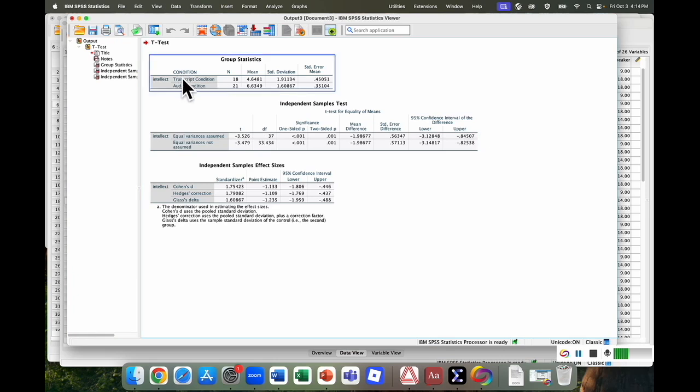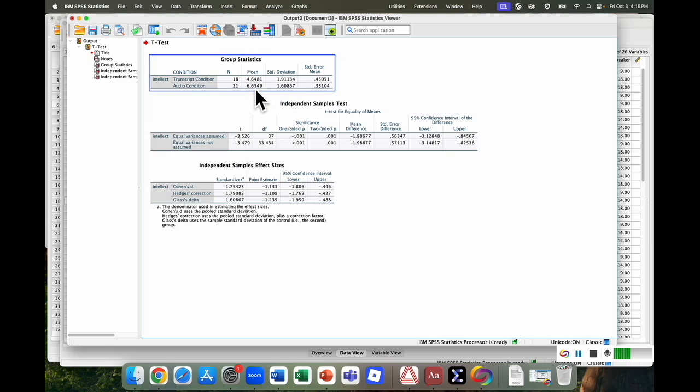And we can see up here, we have a table with descriptive statistics. We see that the two conditions are fairly close, but not exactly identical. So there are 18 and 21 participants, meaning that there would be a total of 39 participants. And these are the means.